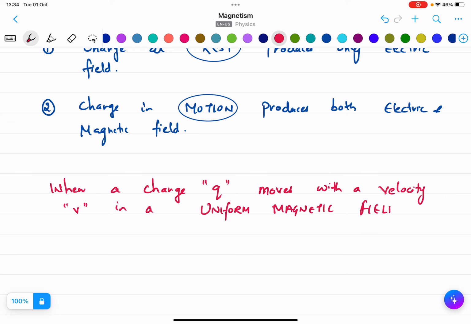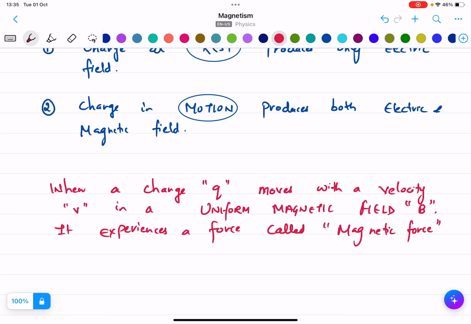When I am talking about magnetic field, it will be denoted by B. Okay, it experiences a force which is called a magnetic force, and is given by F equals Q V cross B.